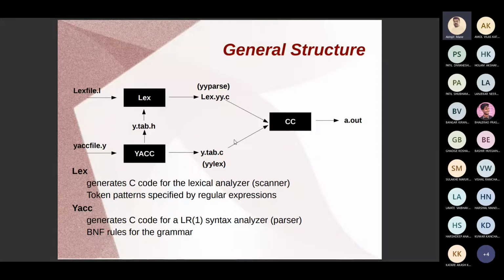So whenever you write a Yacc program, it uses the scanner to scan the tokens and pass them to the parser for the next phase. So you can use the combination of both.